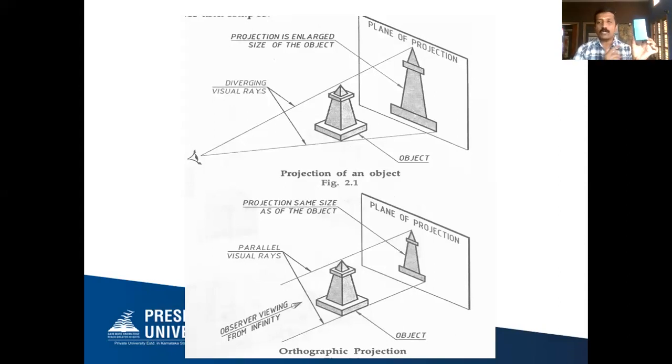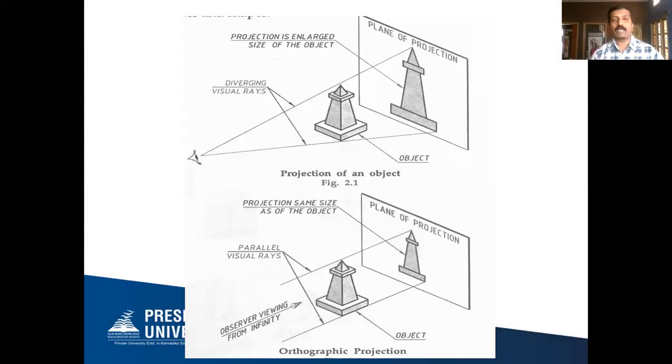If these two conditions are satisfied, then the projection is called an orthographic projection. If orthographic projection is followed, then the person sitting in the first row and the person sitting in the last row will all get the same shape and size of the object.